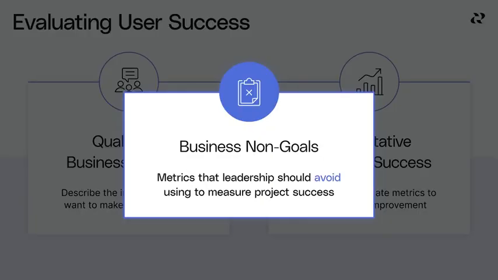It's also important to articulate non-goals. For business value, non-goals are metrics that the leadership team should avoid using to measure the success of the project. Your project might deliver value against these metrics as a byproduct or set foundations to do so in the future. However, the project should not be expected to deliver value against these metrics to be successful.